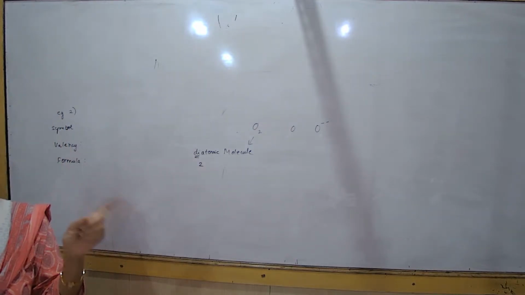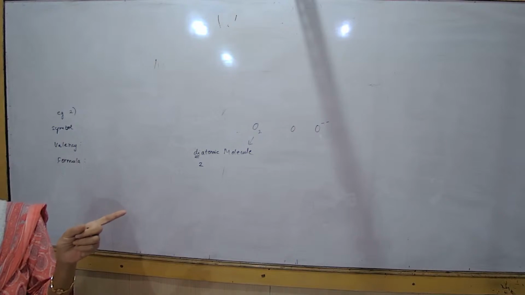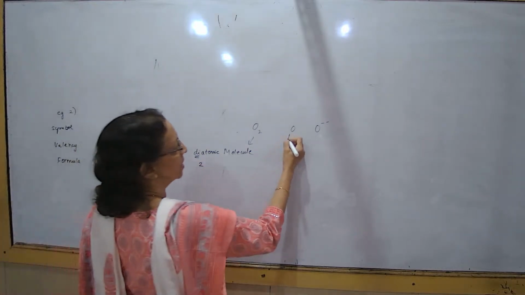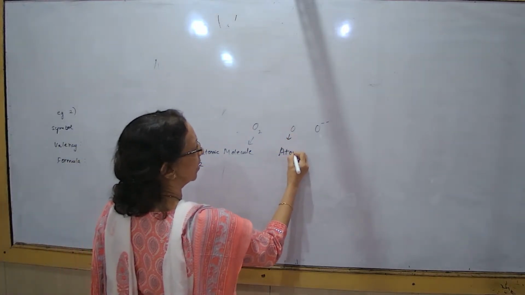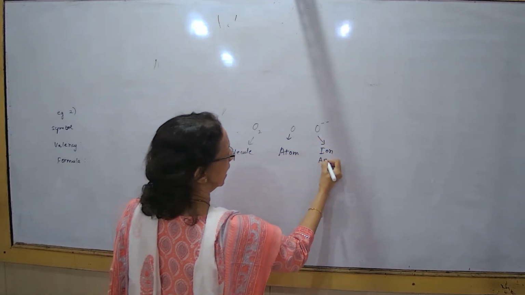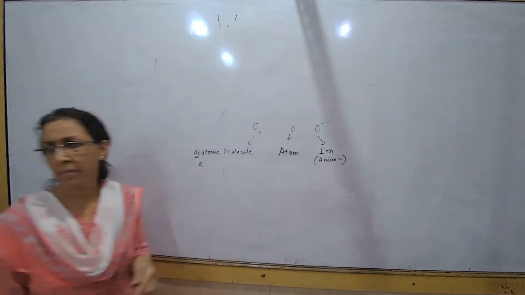Abhishek, when I am doing this, you do this only. Don't do your homework at all. Diatomic molecule. So what is this? This is an atom. And this is an ion. What ion? It is an anion, because it has a negative charge.